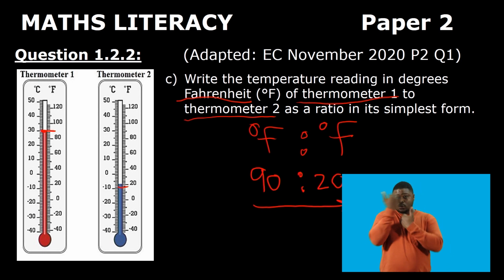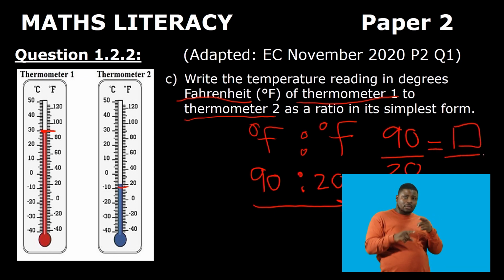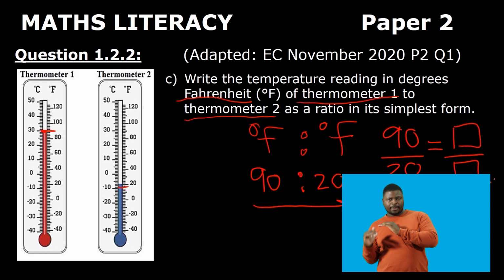Remember, if you don't know how to simplify, you can say on your calculator 90 divided by 20, and then the reading given on your calculator you just write as a ratio where the top is on your left and the bottom is on your right. So that is how you will approach a question like this.